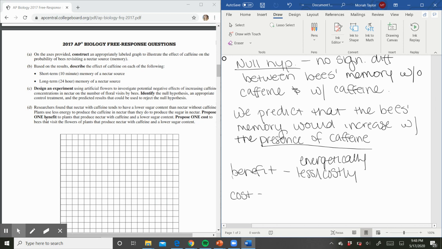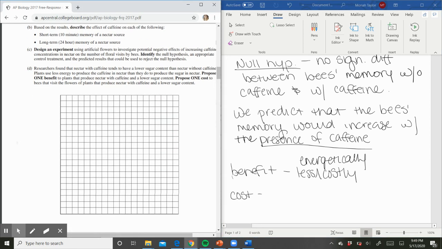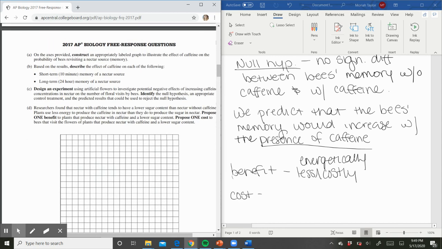Okay, sorry, I'm going to read it. Researchers found that nectar with caffeine tends to have a lower sugar content than nectar without caffeine. Plants use less energy to produce the caffeine in nectar than they do to produce sugar. It says lower sugar content. Obviously, plants produce sugar, and the bees need the sugar for energetics.